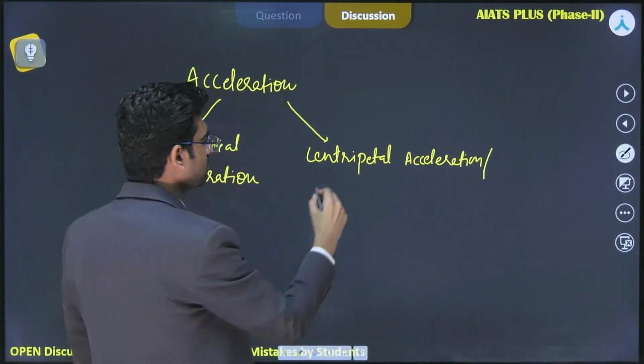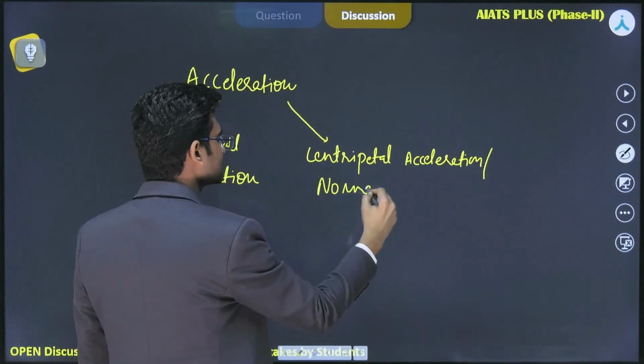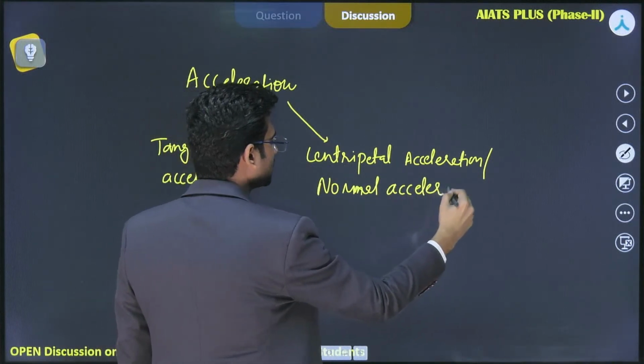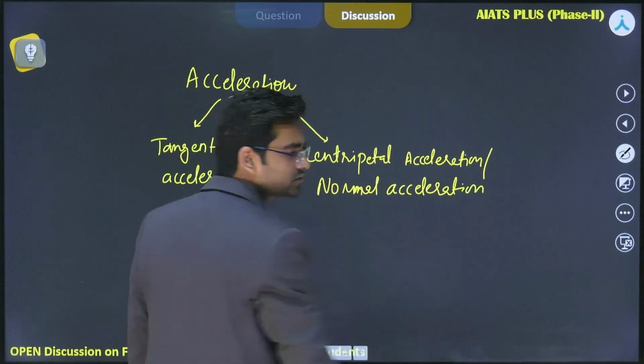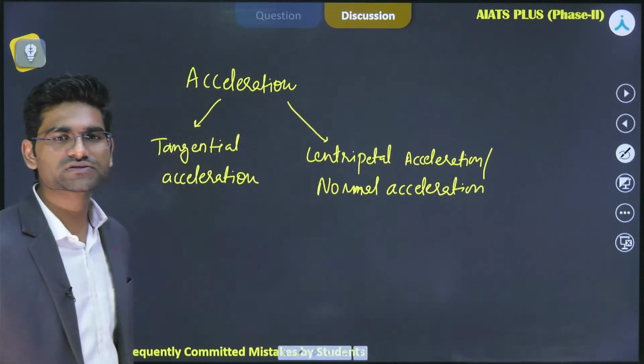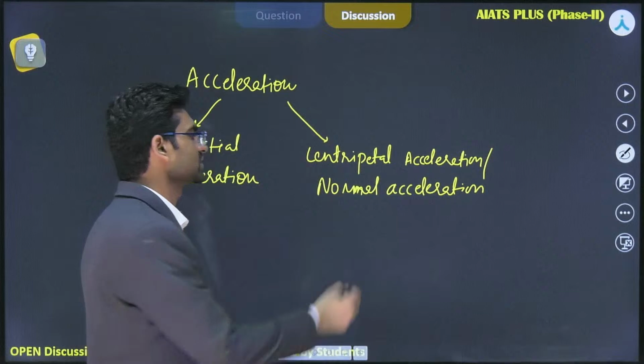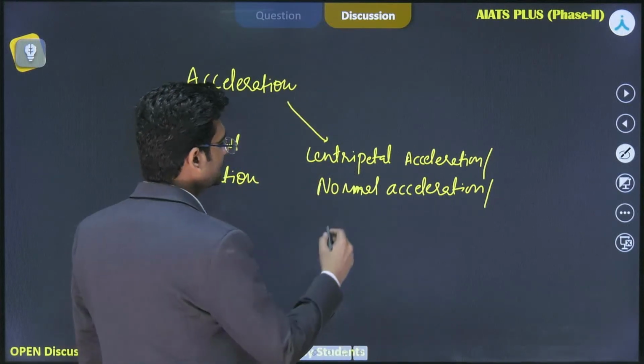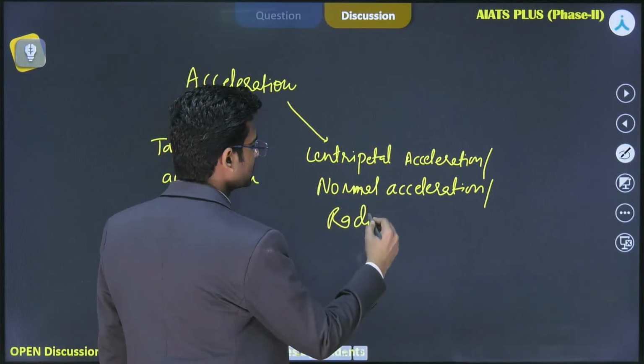It is also called normal acceleration, because normal means perpendicular, right? This centripetal acceleration is always perpendicular to velocity. That's why one more name is normal acceleration, and the other one is radial acceleration.